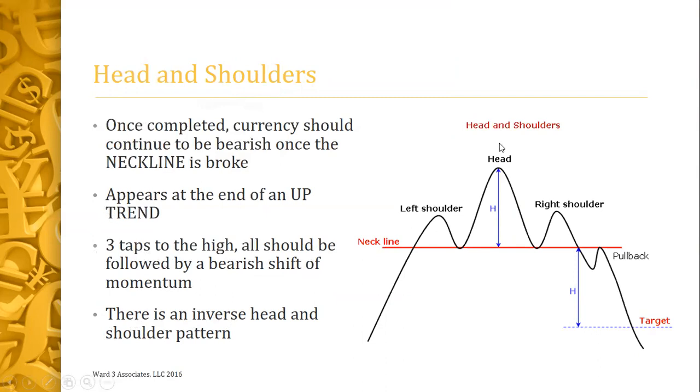So here's what I want to touch on, guys. On this head and shoulders pattern, you've got a left shoulder, your head, and a right shoulder. If we can picture these as being candles, that's a swing point.